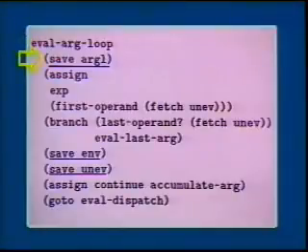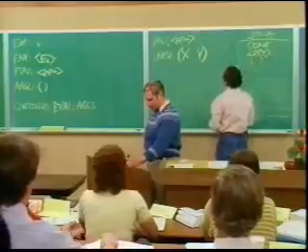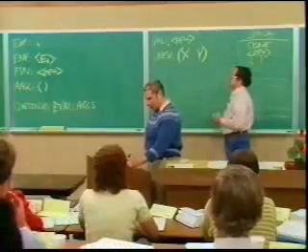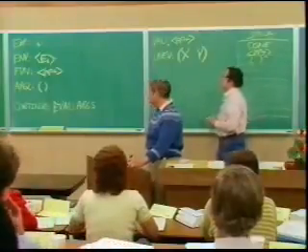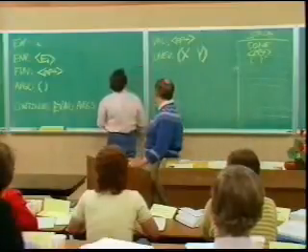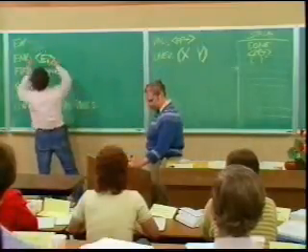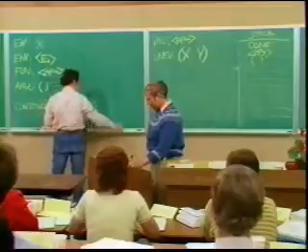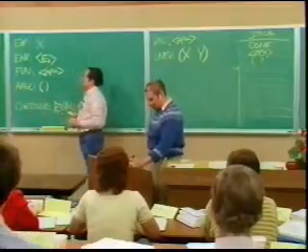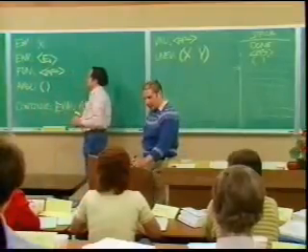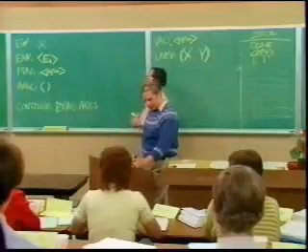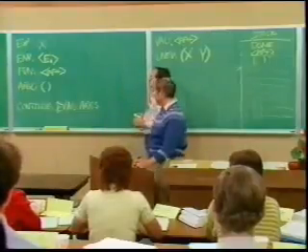Okay, so we save argle, because we assign to exp the first operand of the stuff in unev. Now we check and see if that was the last operand. In this case, it is not. All right, so we save the environment.